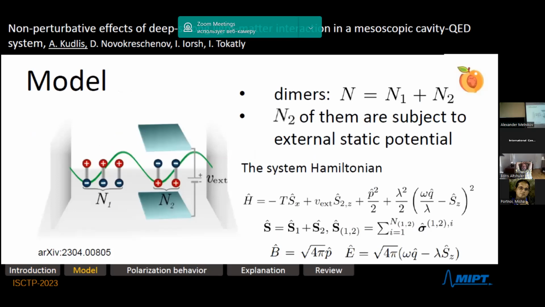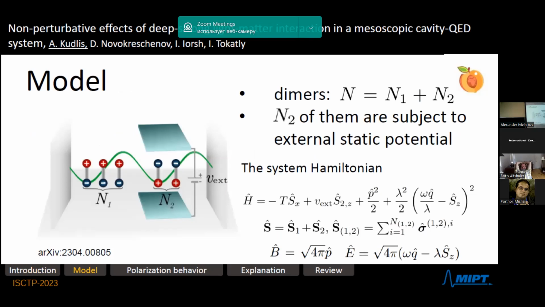What we have done, we've taken many dimers and divided them into two groups. To one of the groups we applied a static external potential, and to the other group we did not.